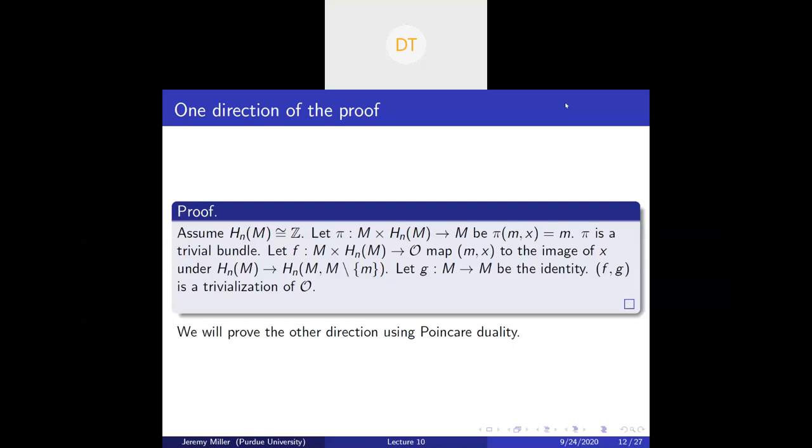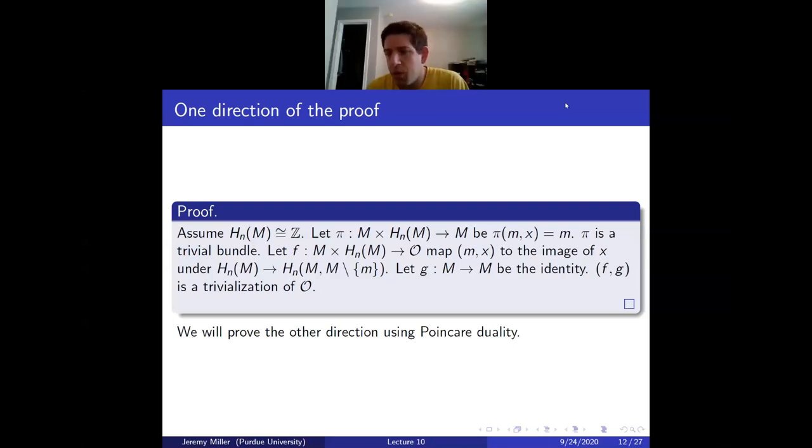I think if I told you prove CPN is orientable with the standard definition, it might be a little bit tricky.